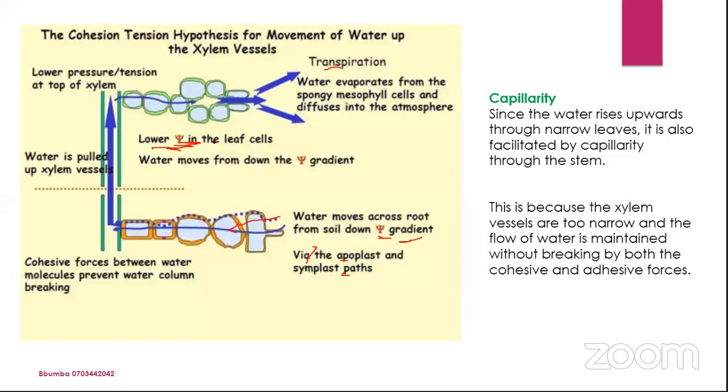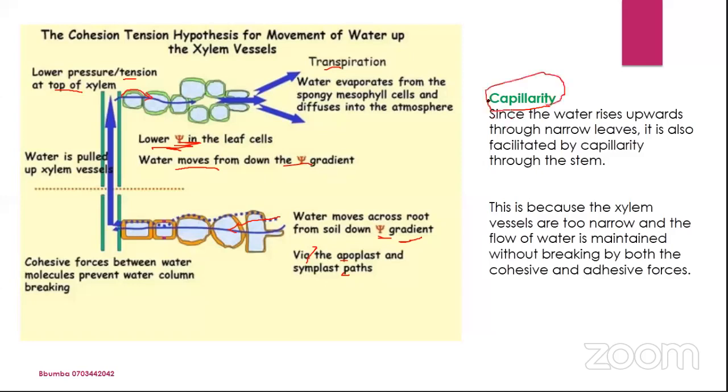Now, when water potential is lowered in the leaf cells, water is going to again move down the concentration gradient. So from the xylem, it is just going to enter into the mesophyll cells surrounding the xylem. And why? Because there's a tension at the top of the xylem, which is being created as transpiration occurs on the mesophyll cells. Okay. Then there's also some other force which you can talk about, which is capillarity.